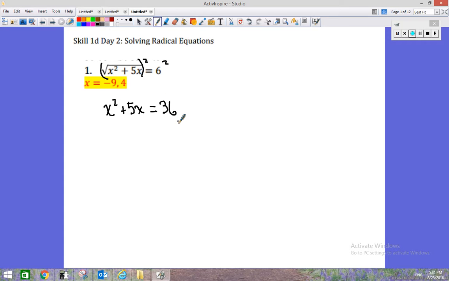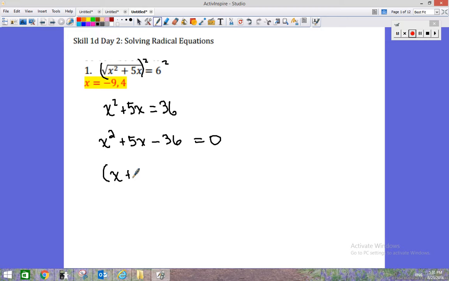Now, in squaring both sides of the equation, I might have introduced extra answers that do not satisfy the original equation but do satisfy this equation. I'm going to solve this equation by factoring. If I don't see how to factor it, then I could always use the quadratic formula.